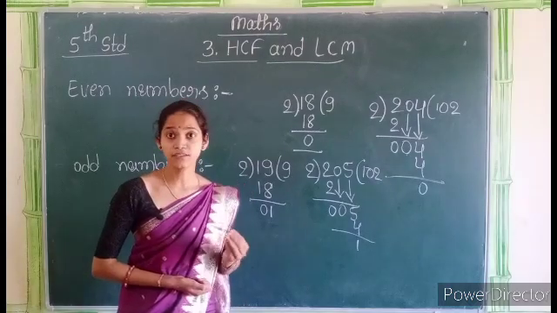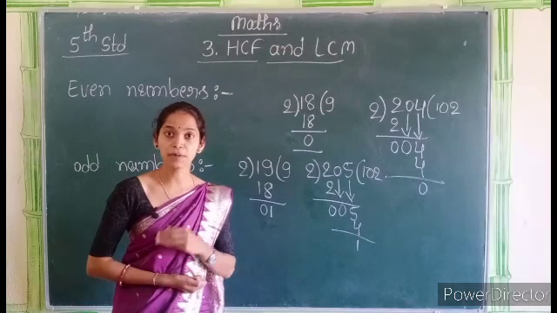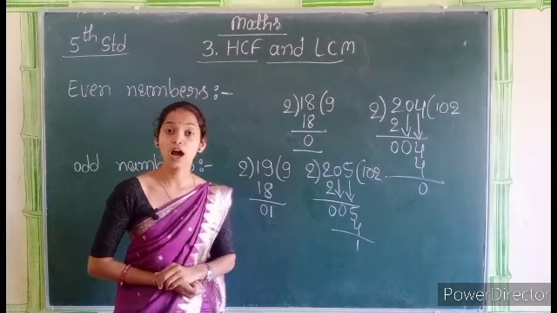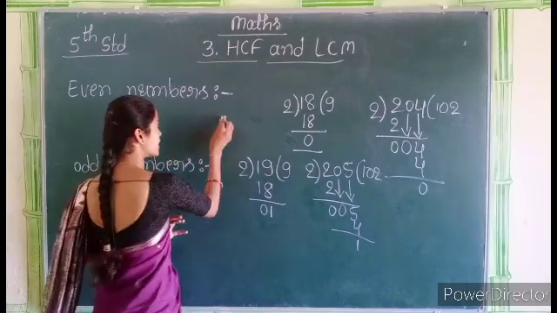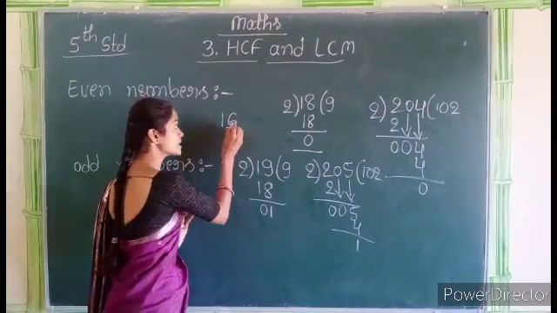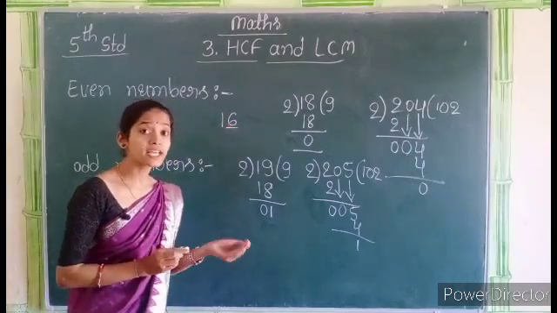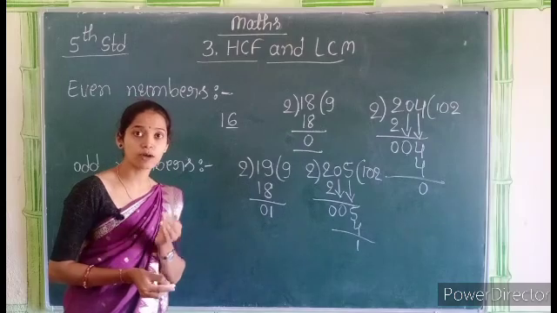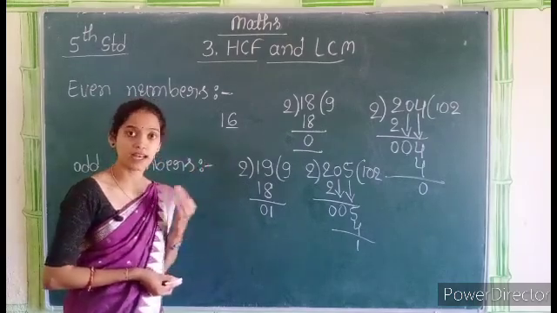Students, we can identify which number is even and which is odd by looking at the number also. How? Let us see. Here I will consider 16, and this 6 is in the ones place. If the ones place digit is divisible by 2, then that number is said to be an even number.